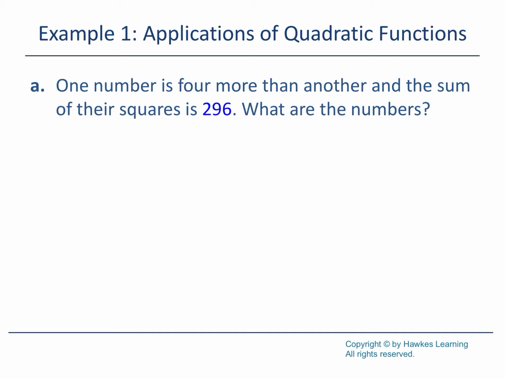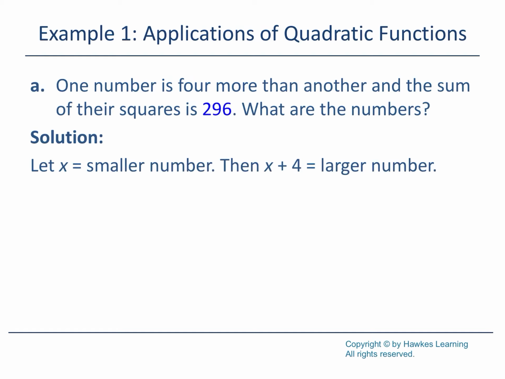And we want to write them both with one variable. If you choose x, you don't have to choose x. You could choose n or whatever you want. But the smaller one's going to be x, then the bigger one's going to be x plus 4 because it says one is 4 more than the other.